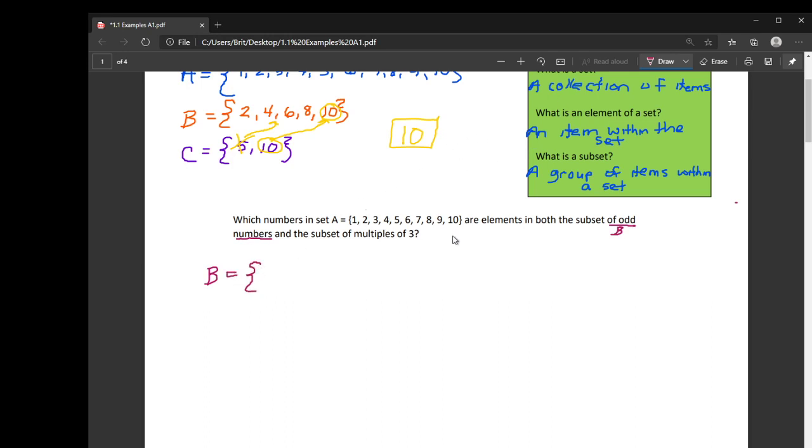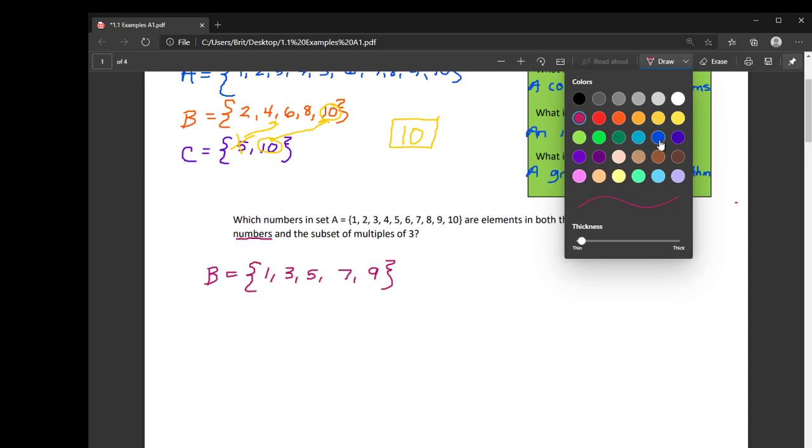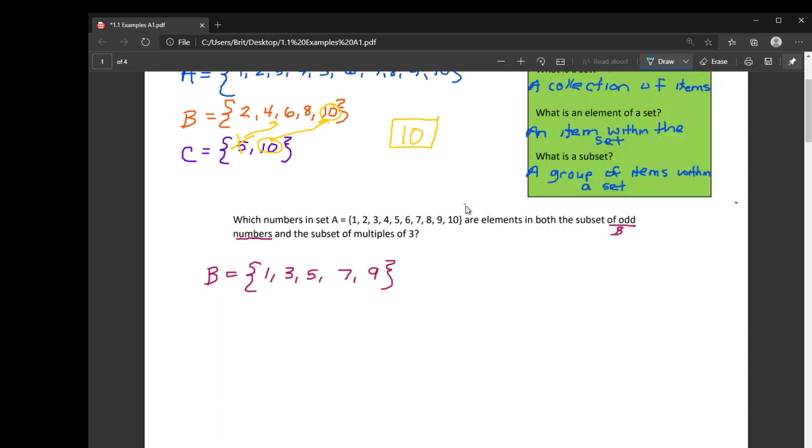So the odd numbers between 1 and 10 are 1, 3, 5, 7, and 9. And then the subset for multiples of 3, I'm going to call that subset C. So if I count by threes, I have 3, 6, 9.